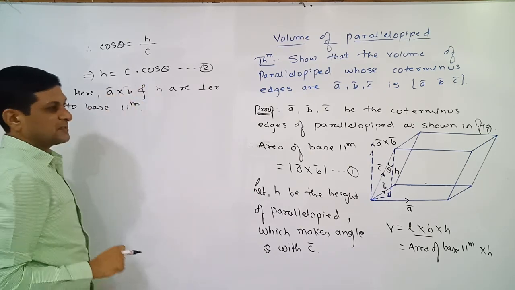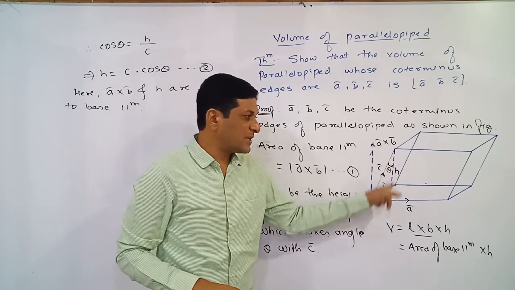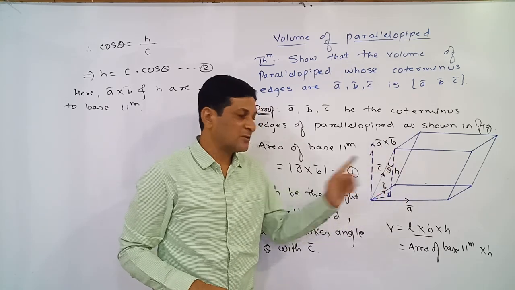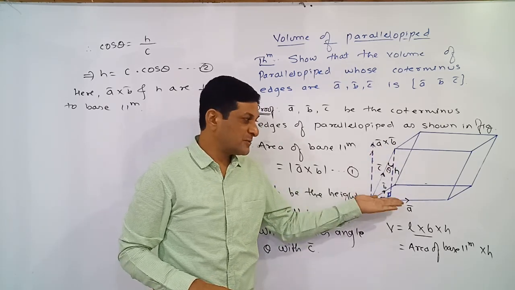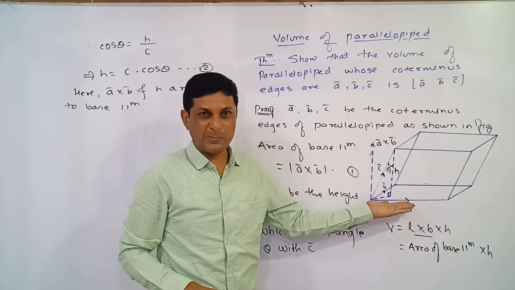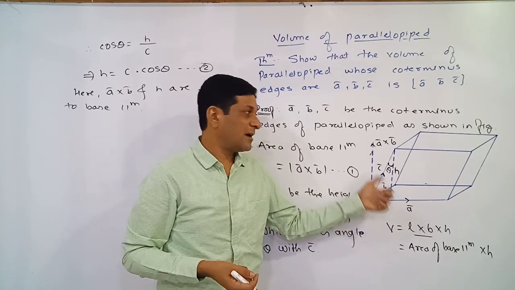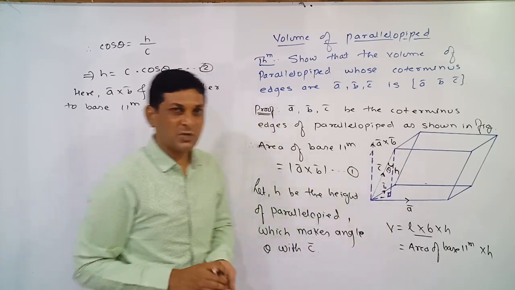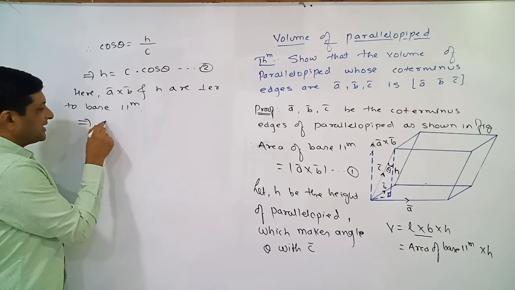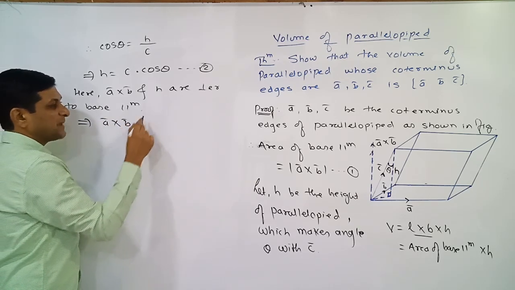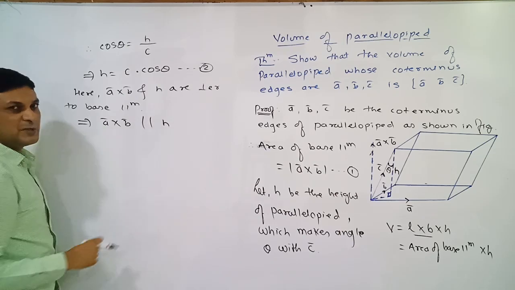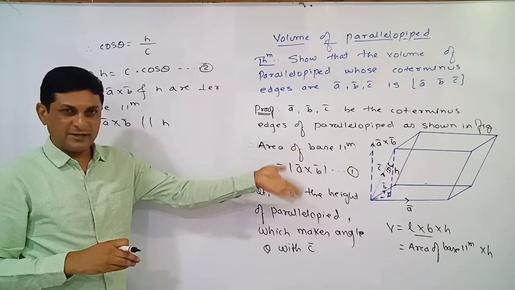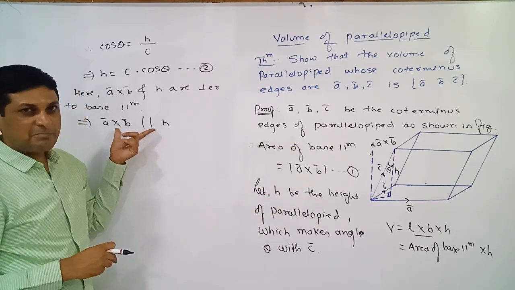If A bar cross B bar is perpendicular to the base parallelogram and h is also perpendicular to it, then what is our conclusion about these two, h and A bar cross B bar? Can I say that they are parallel to each other? So this implies that A bar cross B bar is parallel to h. So A bar cross B bar and h are parallel to each other because both are perpendicular to this base parallelogram, as already shown in the figure. That's why we can say that they are parallel to each other.